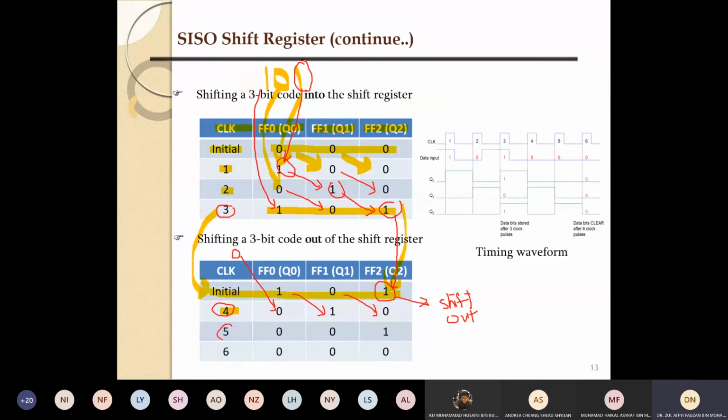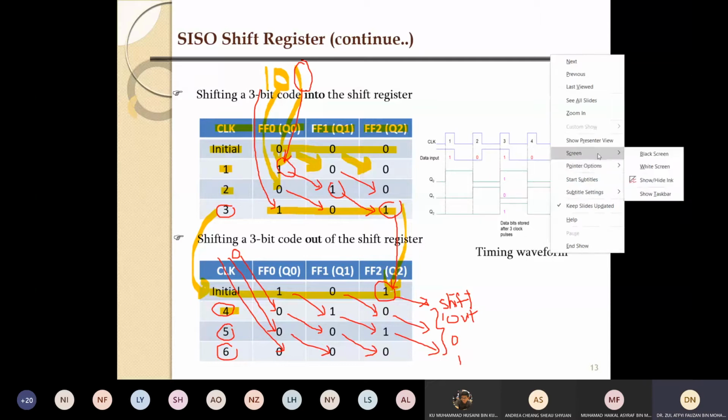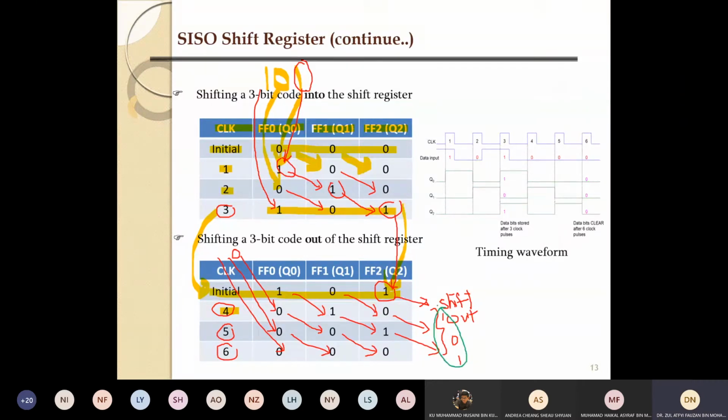Then at the fifth clock, this 0 is shifted out. This one comes from here, this 0 comes from here, and this 0 is assumed 0. At the sixth clock, we assume 0 again, this 0 shifts here, this 0 shifts here, and this 1 shifts out. So all the data 1, 0, 1 has been shifted out.